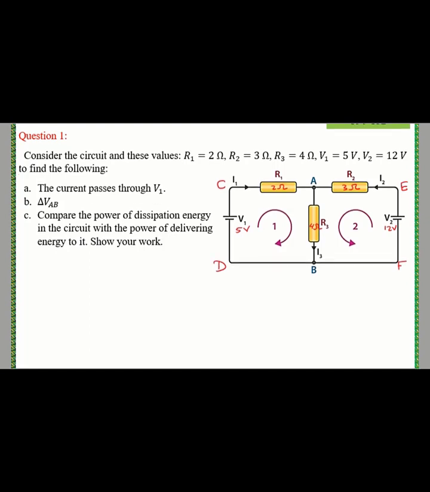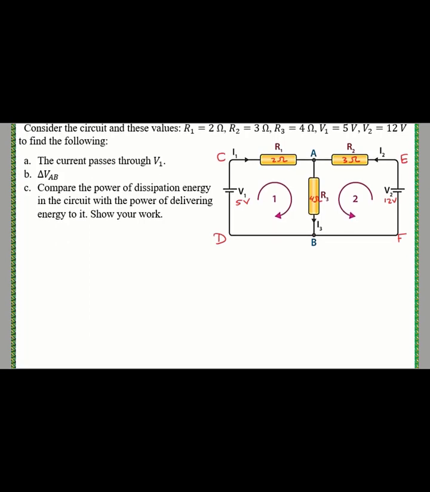First, let us apply the Kirchhoff junction rule at A. Here at A, I1 and I2 both are going into A, while I3 is going away from A. This is I3, this is I2, here is I1.